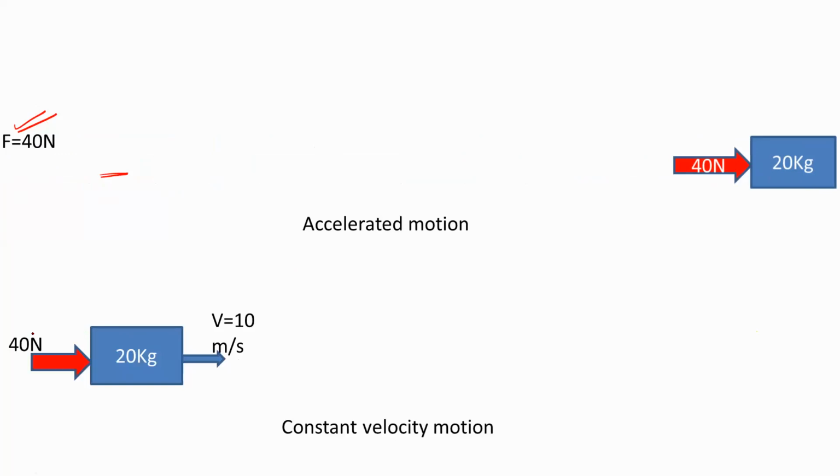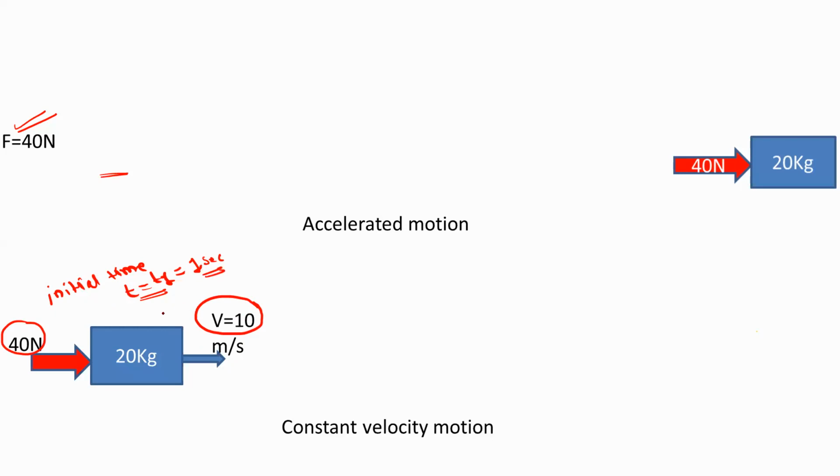So here the 40 Newton force is only acting at some initial time. Let us take t is equal to t1. And at the time t is equal to t1, suppose that the particle or the object has velocity v is equal to 10 meter per second. Suppose this time t is equal to t1 is 1 second during the motion.